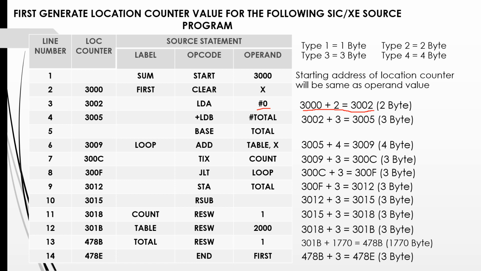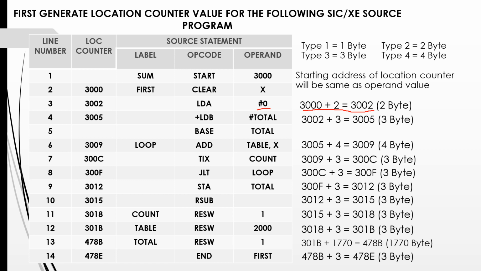For that 3005, we will add the operand #total. Sorry, not for #total, it is for total. You will get type 4 instruction. Then 3005 plus 4, you will get 3009.